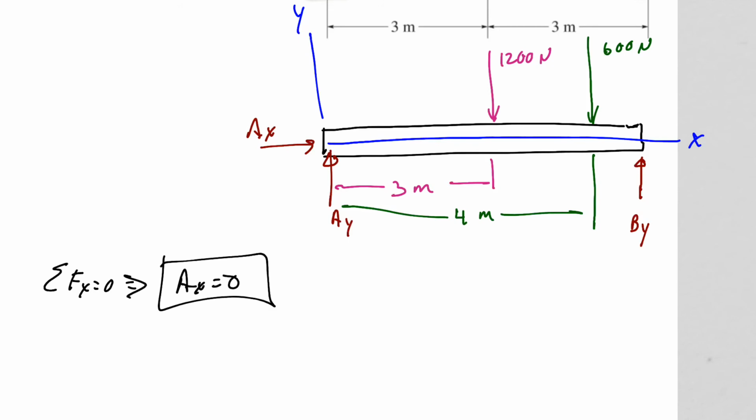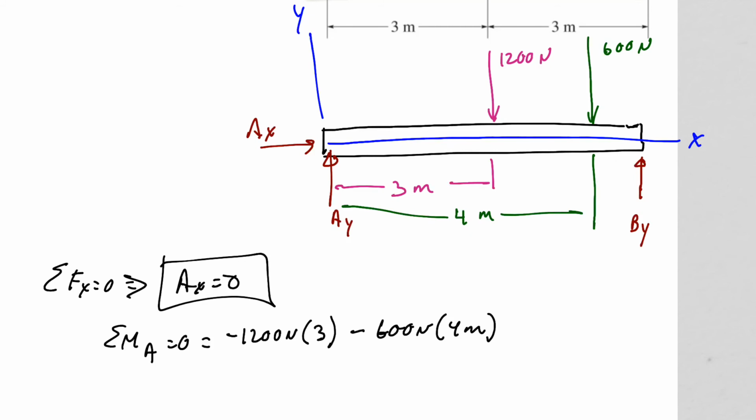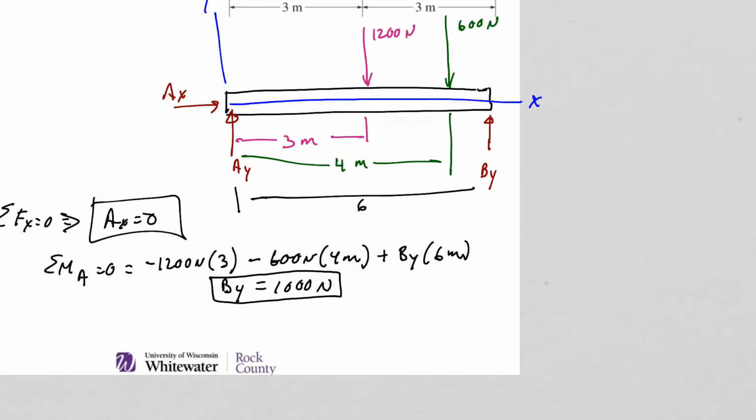If we sum our moments at A equals 0, we will have negative 1,200 newtons times 3 meters, minus 600 newtons times 4 meters, and last, plus BY times 6 meters. That's this whole length here, which is 6 meters. Okay, so when we find our value for BY, we come up with 1,000 newtons.